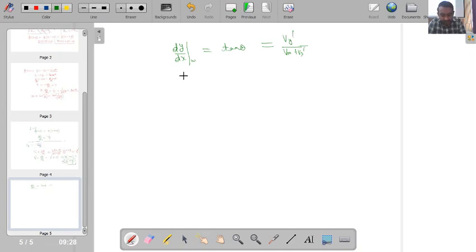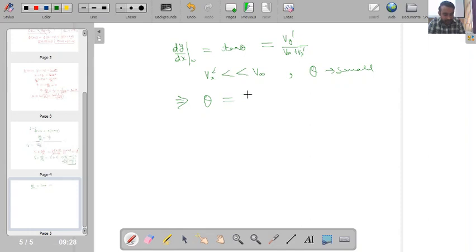Now we are talking about small perturbation, so Vx dash will be very small compared to V infinity, and theta will also be small because perturbation in the flow is small. So for that case I can simply say that tan theta is nearly equal to theta.